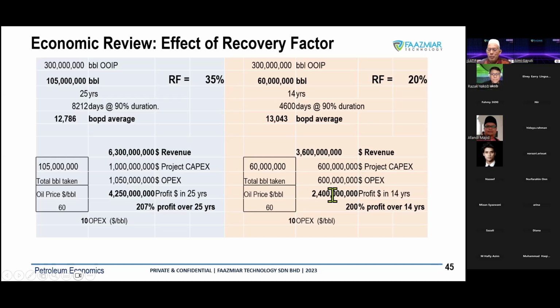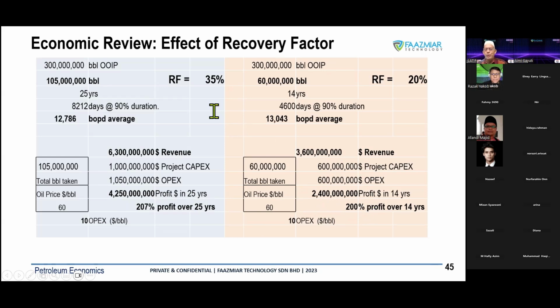So you have revenue minus your CAPEX minus your OPEX, then you have your profit. For 14 years, we have about 200%. So you can see that more or less they are about the same. In terms of volume, the 2.4 billion profit versus 4.2 billion profit is actually different. But when you talk about the years, it comes up more or less about the same profit margin lah.